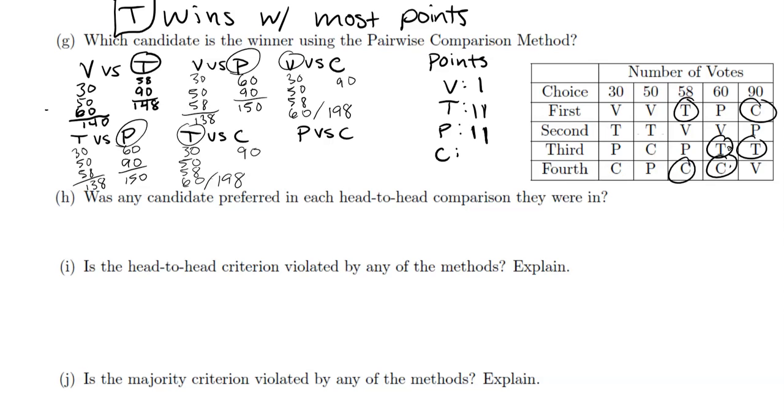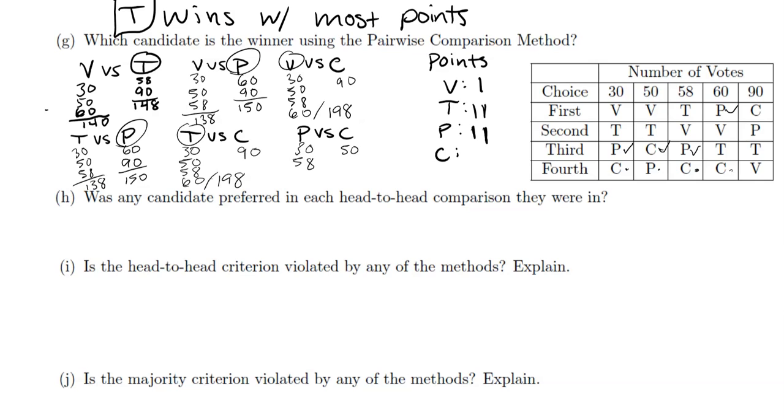And then last one, we can do C and P. So P versus C, we see that P is preferred to C for 30. And then C is preferred to P for 50. And then P preferred to C for 58.